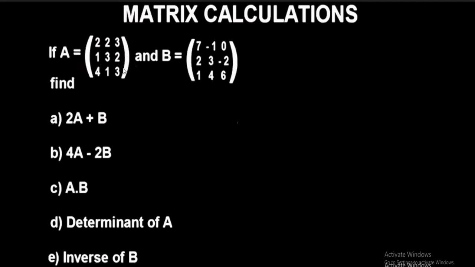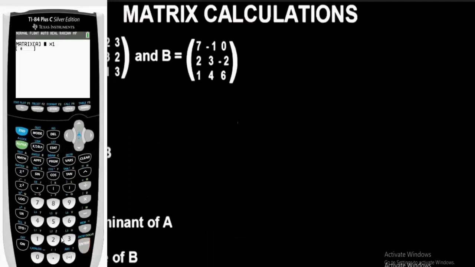We also have 3 columns: the first column, the second column, and the third column. Very important, guys. This is a 3 by 3 matrix. Press 3, then press enter. This will show you it is a 3 by 3 matrix.